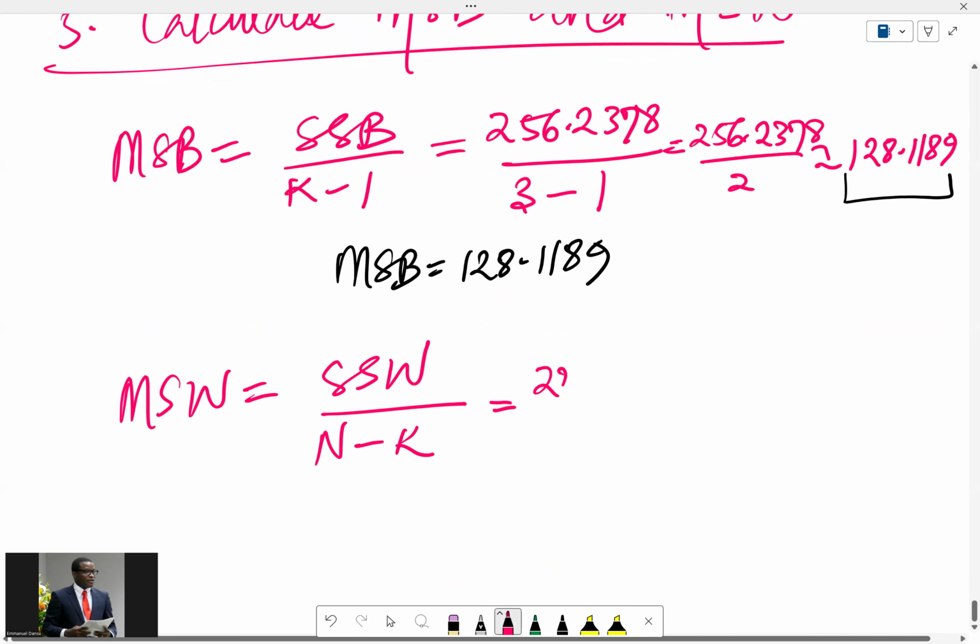So this is 22.6667 divided by 9, all the observations together, minus the number of groups, that's 3. So we have 22.6667 divided by 6.